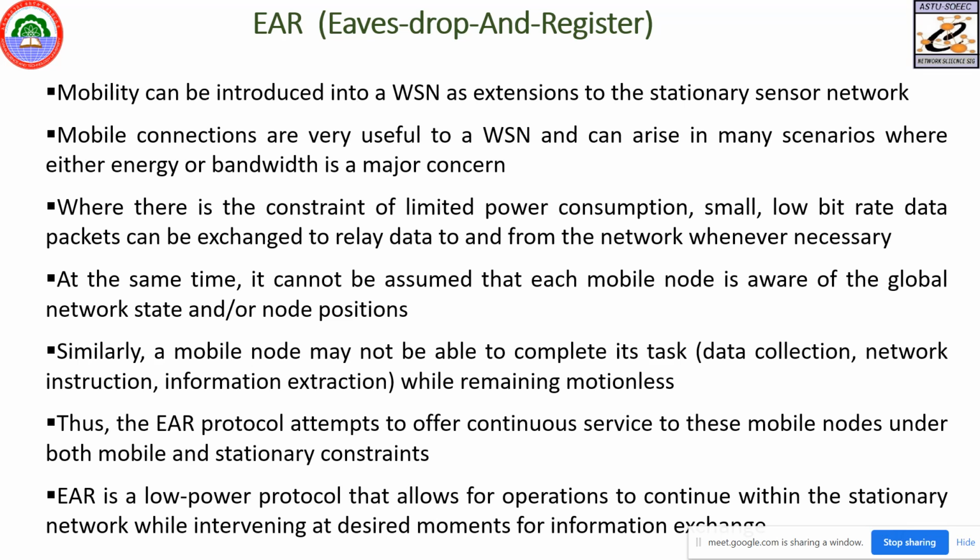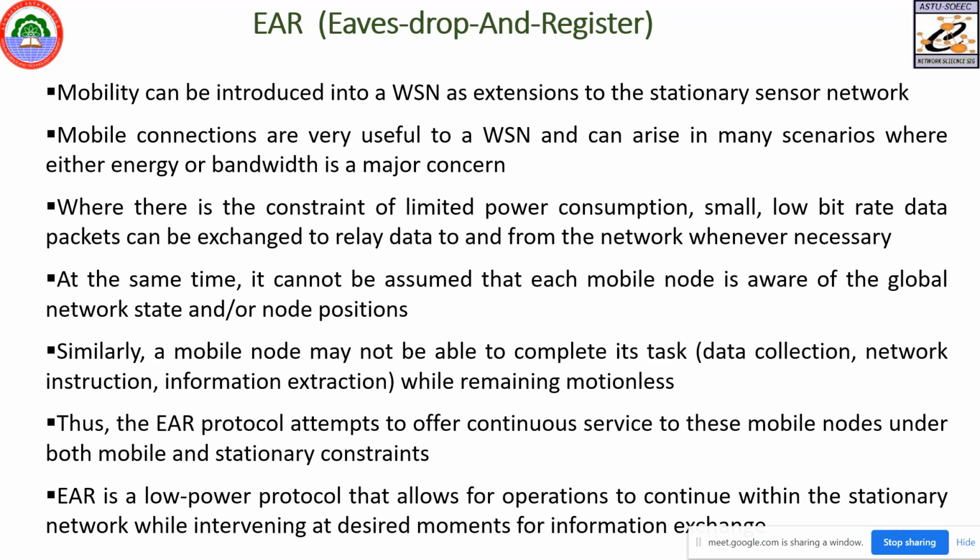So when we come to this particular protocol, AWS drop and register. For a stationary network, if mobility is introduced, then because of this mobility, the connection establishment between the nodes is very important.